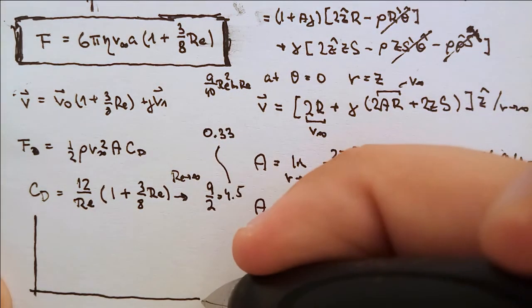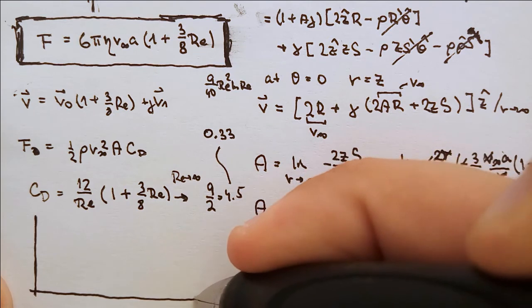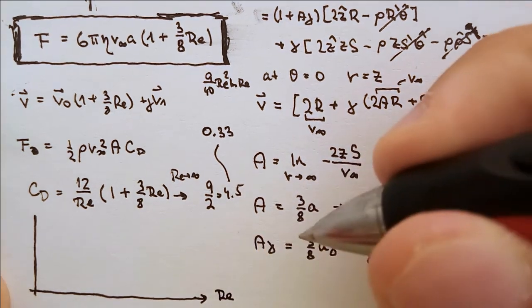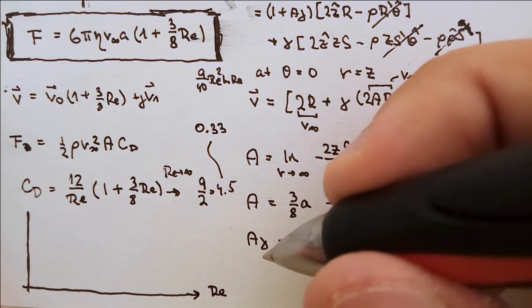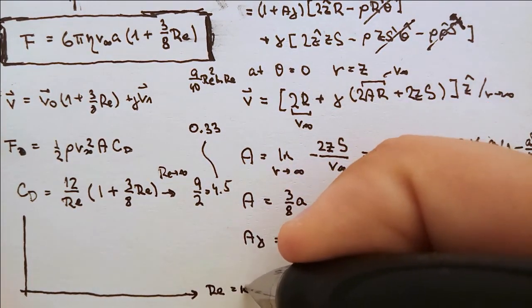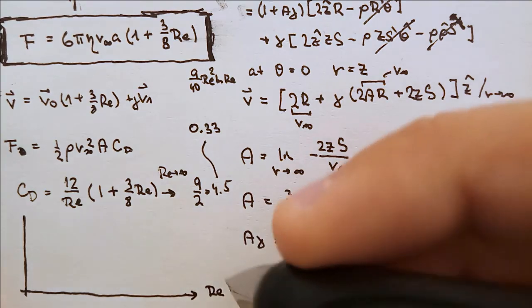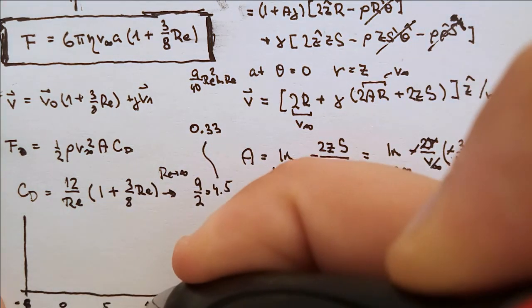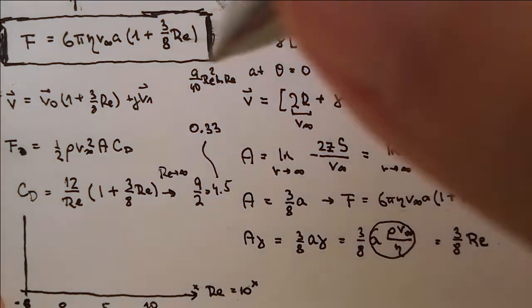Let's say that this is the axis of the Reynolds number, but in the logarithmic scale, so Reynolds number is 10 to the power of x, and this is x, so this is 0 or -5, I don't know, there is 0, there is 5 and 10 and something like this.